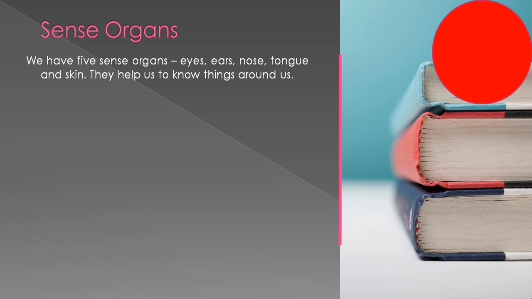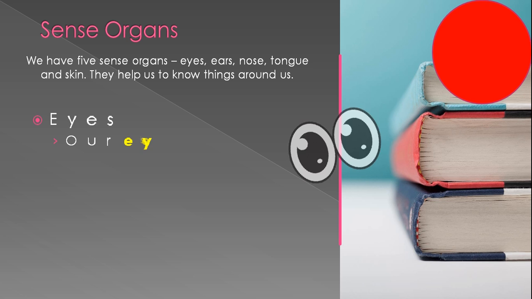They help us to know things around us. So how many sense organs do we have? We have 5 sense organs. What are they? Eyes, ears, nose, tongue and skin. So how do they help us? They help us to know the things around us. So keep it in mind.